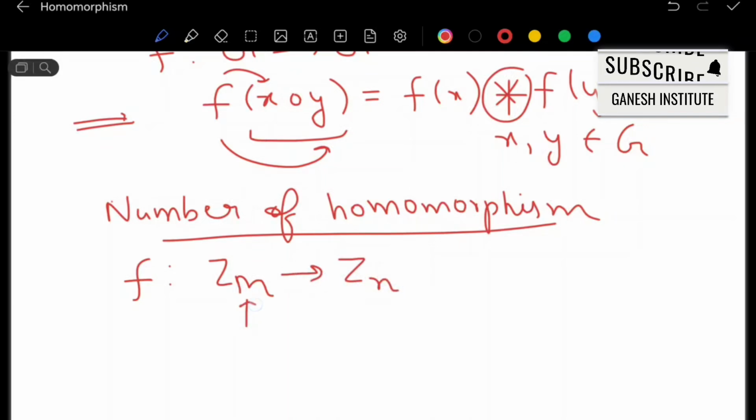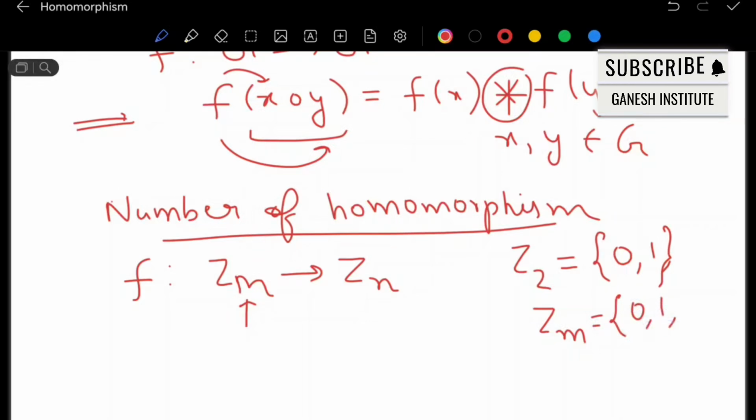Now if I'm writing Z2, that is Z modulo 2, it will have elements 0 and 1. If I am having Zm, it will have elements from 0 to m minus 1. If it is Z6, then the elements are 0 up till 5: 0, 1, 2, 3, 4, 5. 6 elements but starting from 0.